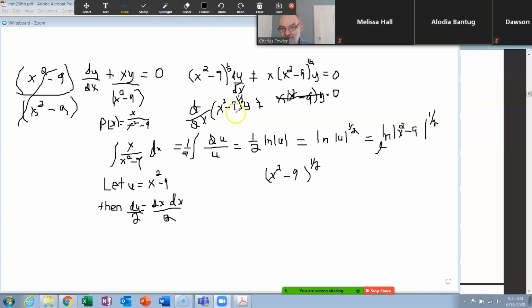Well, what is the derivative of this part? 1/2 of x squared minus 9 to the, and then that should be to the minus 1/2. I kept thinking in the back of my mind, this isn't working well, times a 2x. Well, that wipes out the 1/2. But this should be to the minus 1/2 then. And how did that not come out that way?